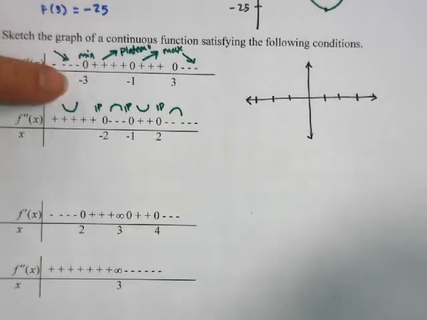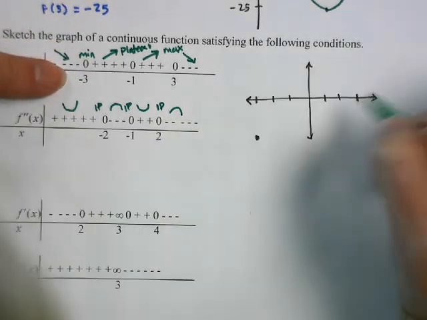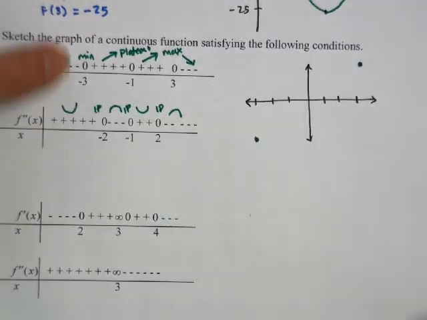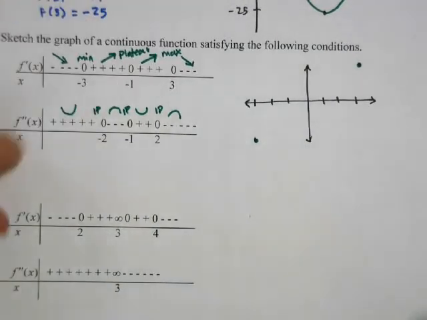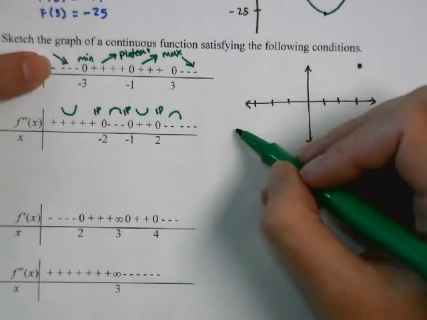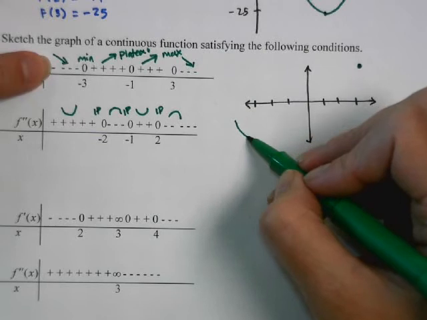So I'm just going to put a point way down here for the minimum, and a point way up here for the maximum. And then we're going to use these number lines to shape this. So going to negative 3, we are decreasing but concave up.